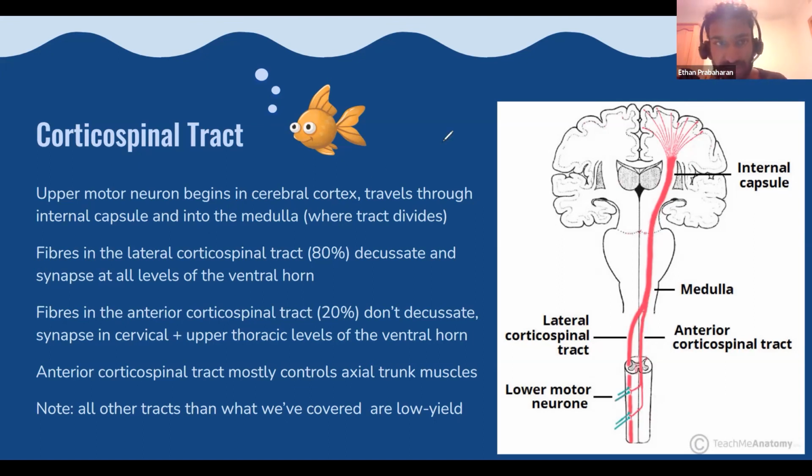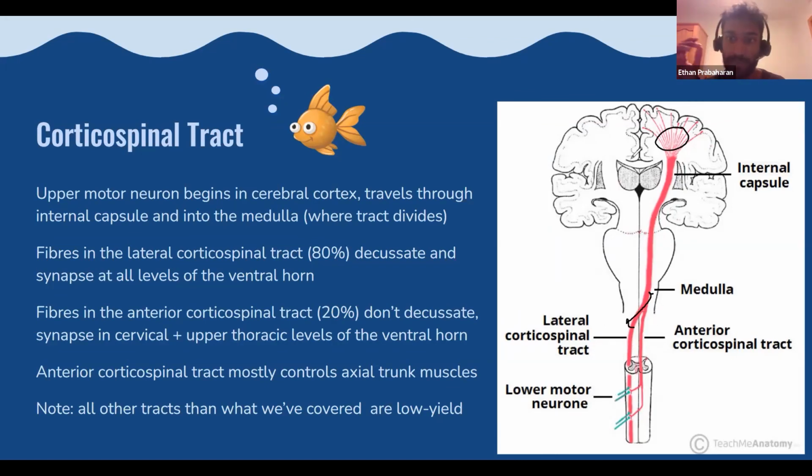But what you do need to know is the tract sort of splits up. So it starts here in the cerebral cortex, comes down to the medulla, and then some of the fibers, 80%, will decussate, so switch over, and then come down, and wherever the motor signal needs to leave the spinal cord, then it will synapse and leave as a lower motor neuron.